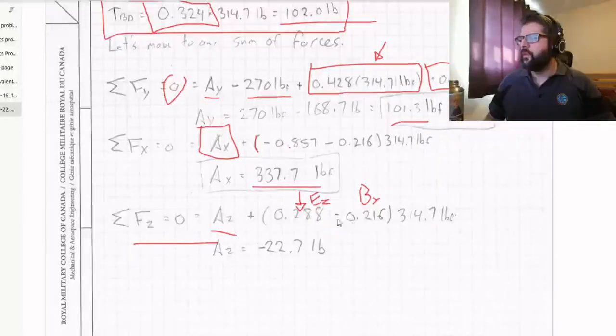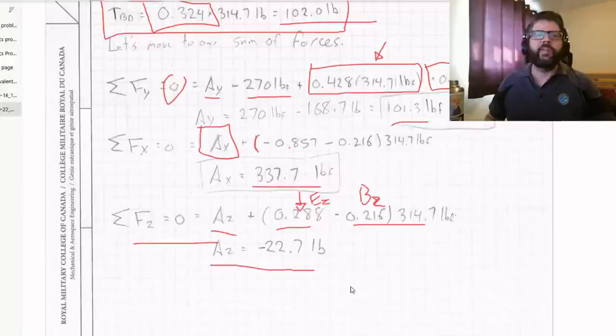Now again, we're subtracting here because the EZ is acting in the positive Z direction, the BZ is acting in the negative Z direction. So that one ends up being AZ ends up being a negative 22.7 pounds.